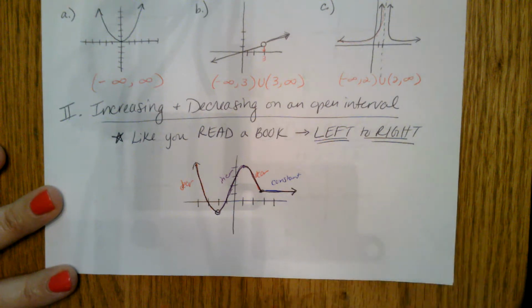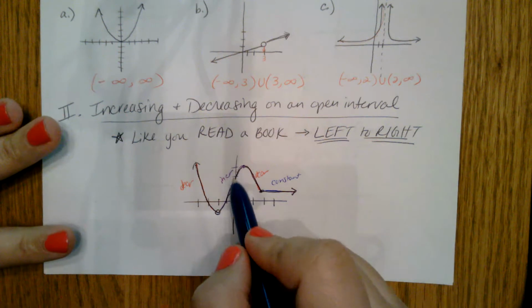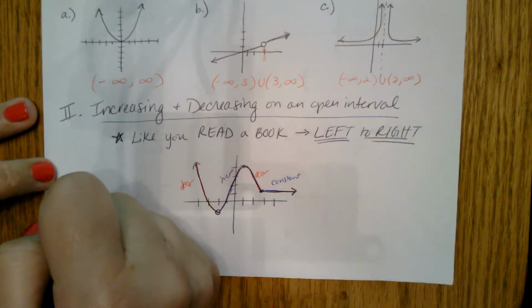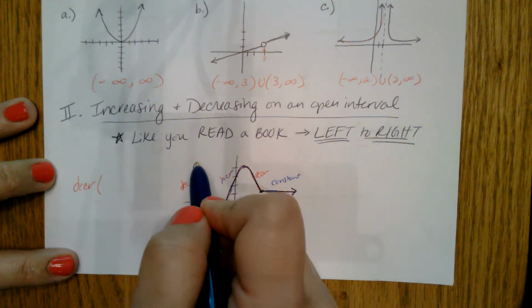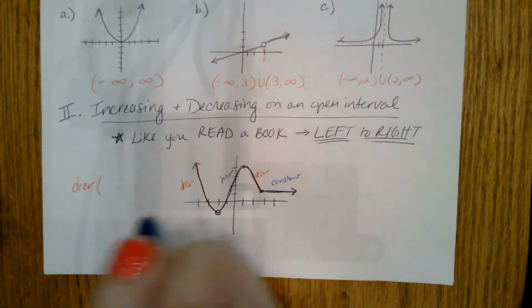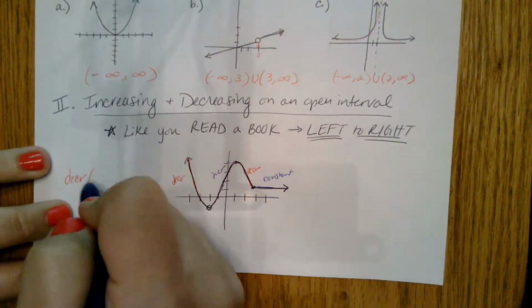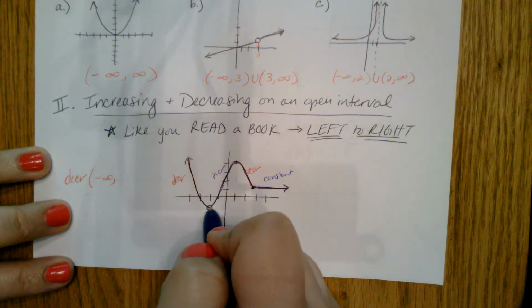Okay, so now let's write these as intervals. Just, again, along the x-axis. Don't worry about the y-axis. So I am decreasing along the x-axis. Even though this is up, I'd be at negative infinity. Remember, on the x-axis, negative infinity is your lowest number. Until where on the x-axis?